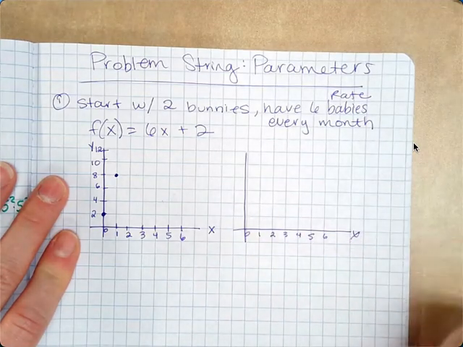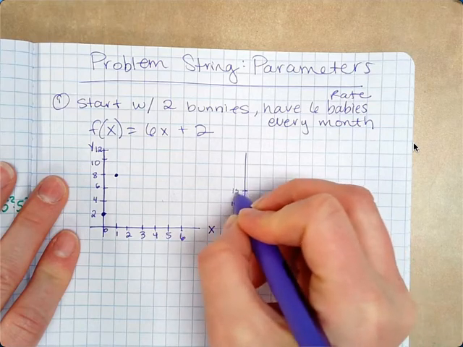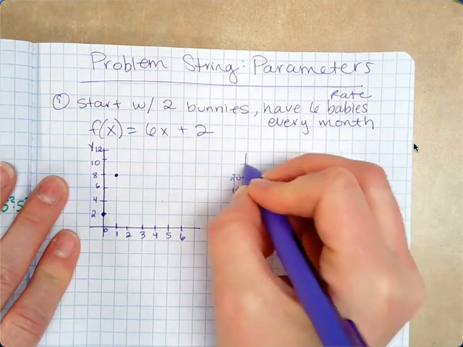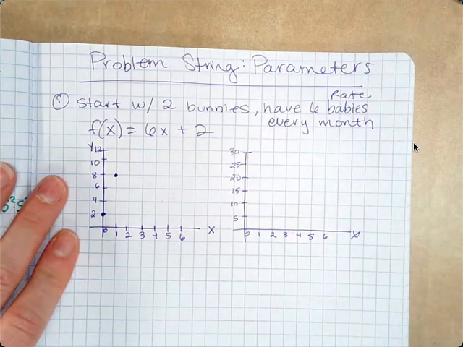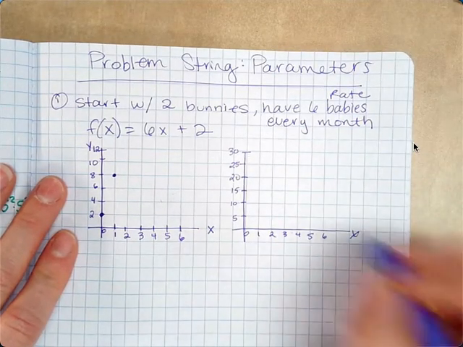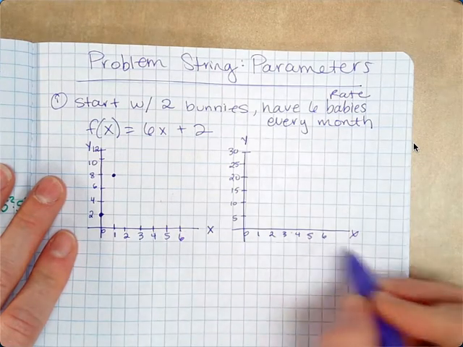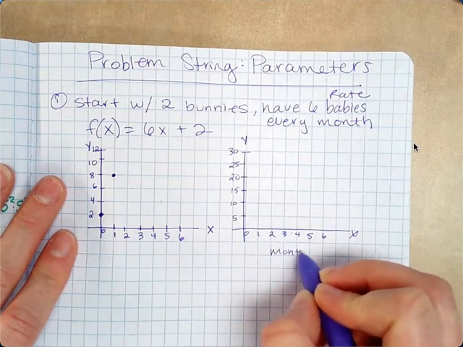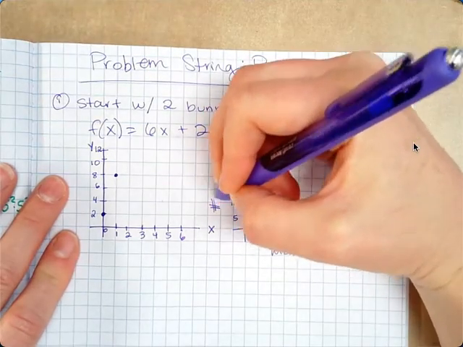Okay, so it's 5, 10, 15, 20, 25, and 30. Okay, let's see how many we can get on here. So x represents months, and y represents number of bunnies.